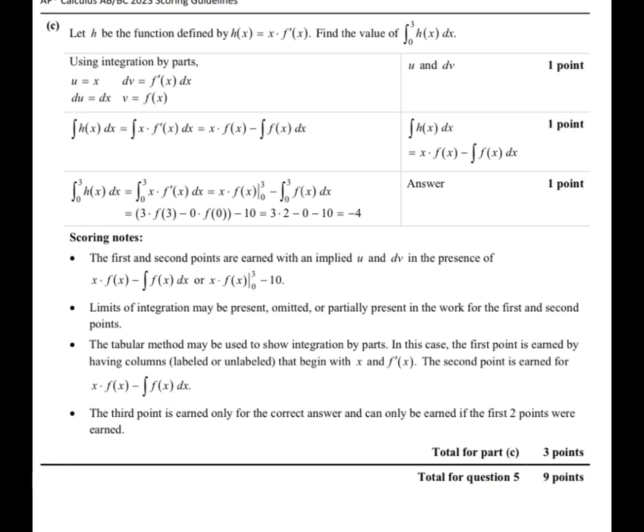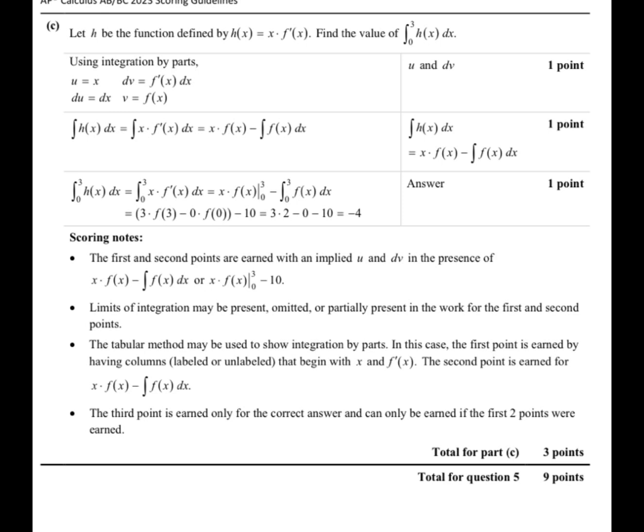Now for the scoring guide, the first point went to knowing it was parts and choosing u and dv correctly, which is pretty simple because you can see using the pattern of parts that f prime of x needed to be integrated. After doing the parts, you can integrate it, and the next point is just integrating by parts.